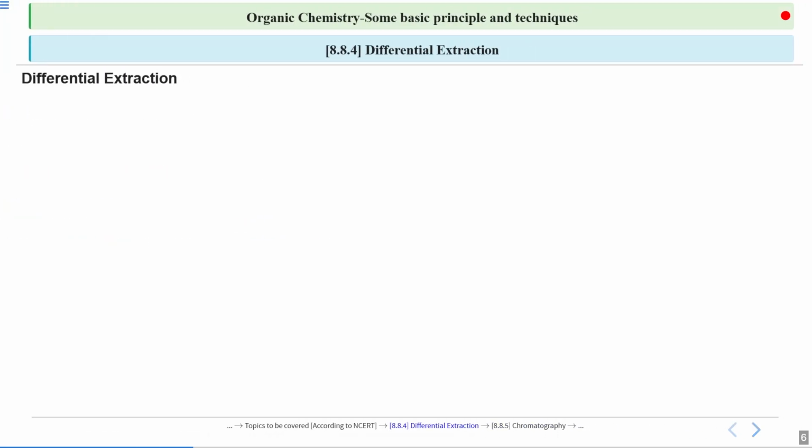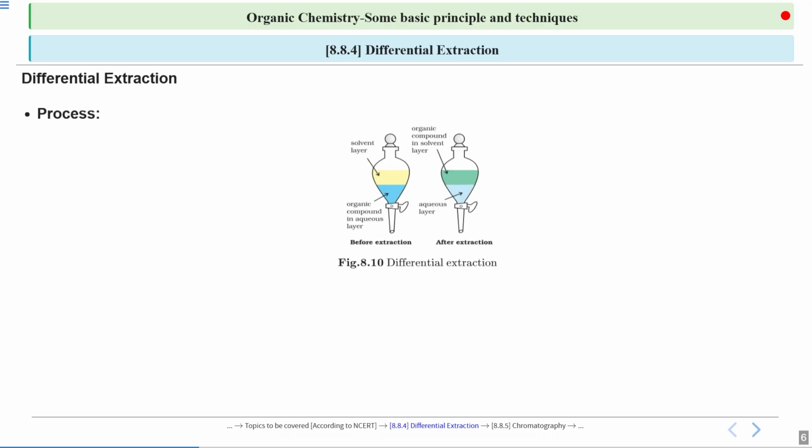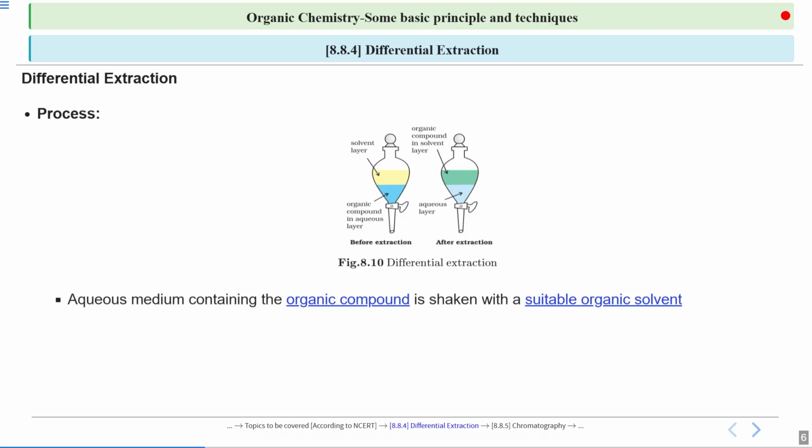Now let us move on to the process. Here are two diagrams, before extraction and after extraction. We will try to understand both of them. The image provides a setup, and we see the apparatus in which that setup is built.